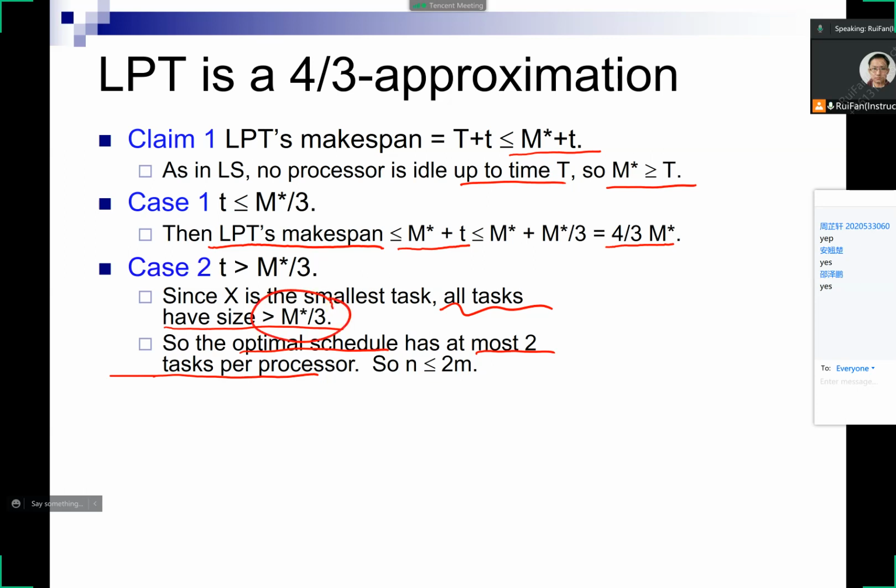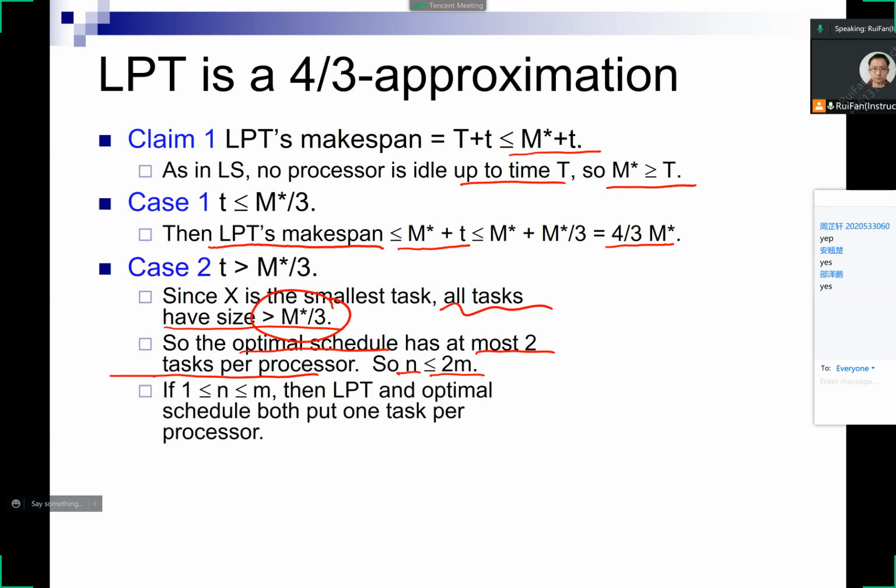That would mean your optimal schedule has makespan larger than M star, which is a contradiction, because we're assuming the optimal schedule finishes at M star. So all the processors in the optimal schedule have at most 2 tasks, and so the total number of tasks, n, is at most 2 times the number of processors.